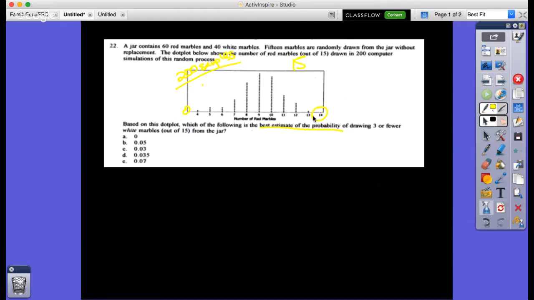Because if I have 12 red, then I'd have 3 whites, right? So we're looking for 12, 13, and 14. So now as I do this, out of the total 200, how many were at 12, 13, or 14? Let's make it bigger. Yeah, that's probably good, right? 6, 7.